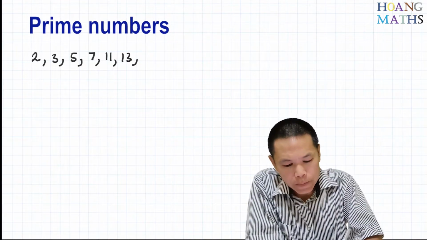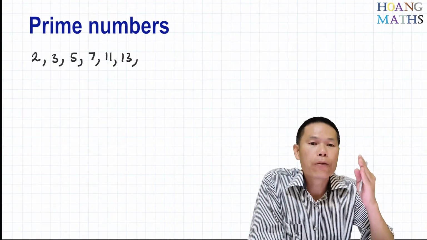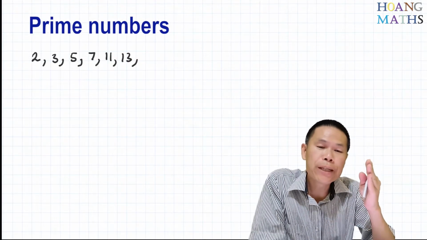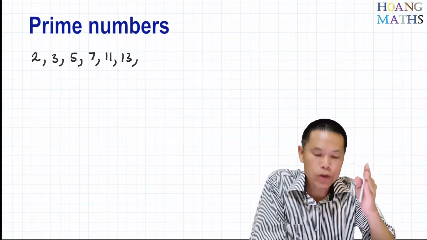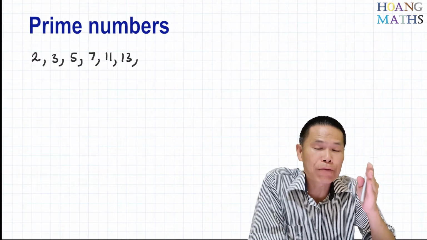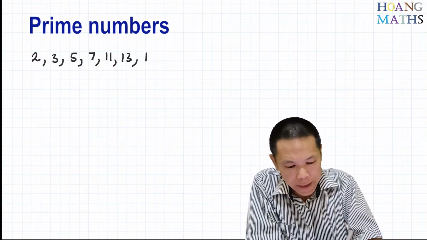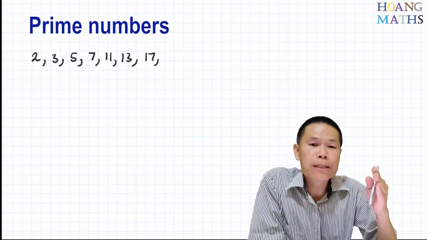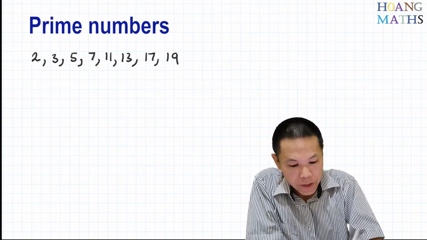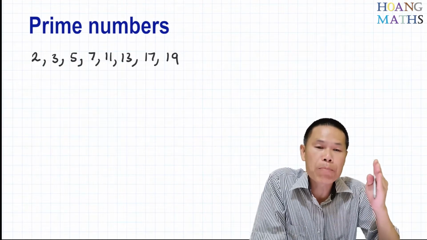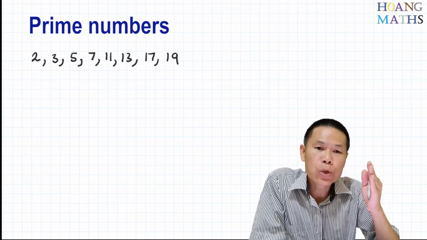And the next one is 15? No, 15 is divisible by 5 or 3, right? So the prime number after 13 is 17. And after 17 will be 19. So these are the prime numbers that are less than 20.